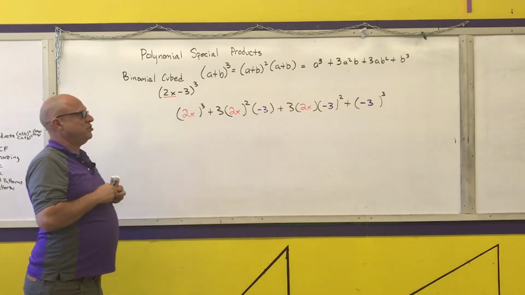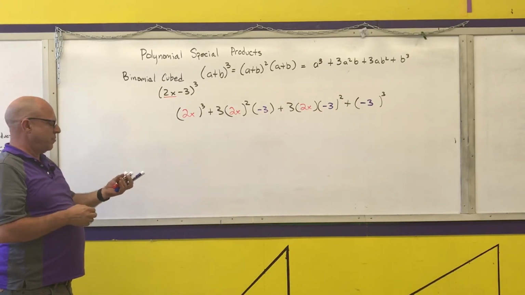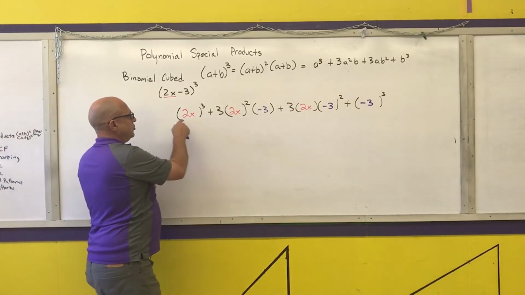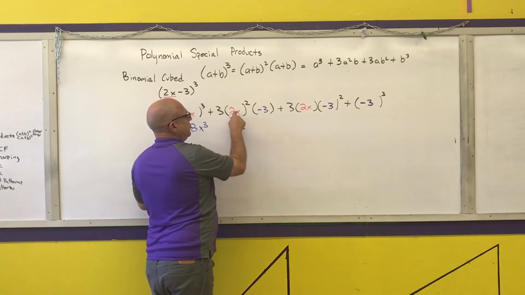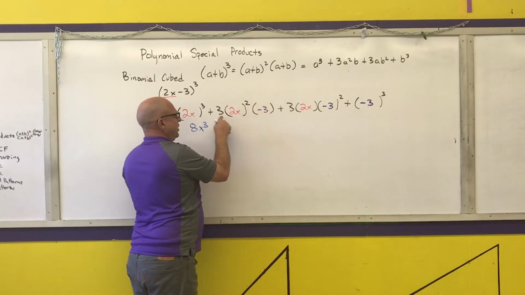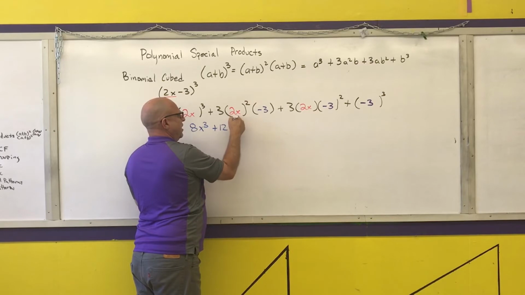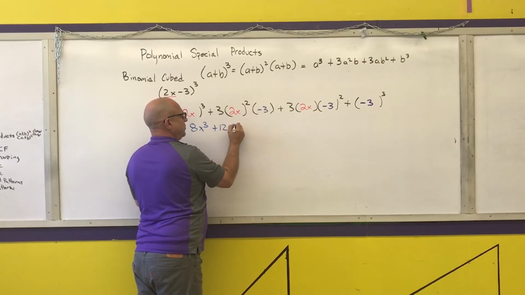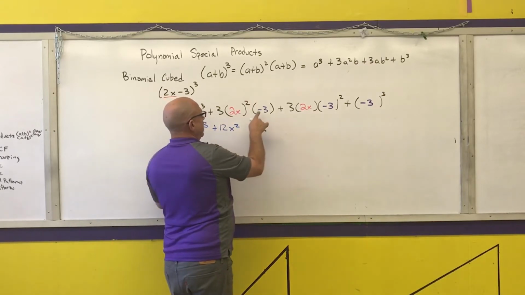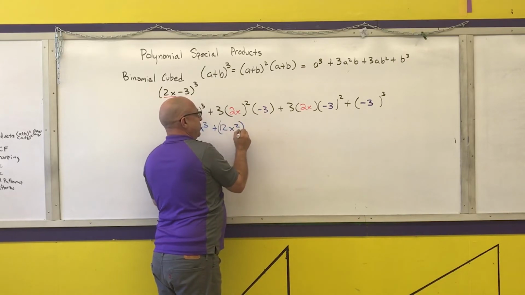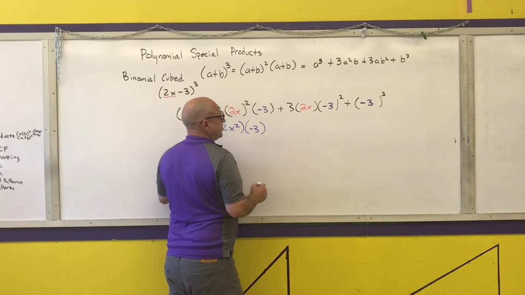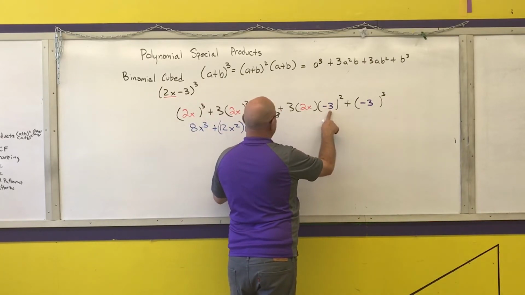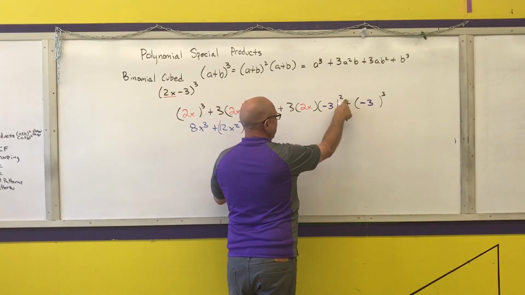And now I'm going to do the individual multiplications to come up with my final answer. 2 cubed is 8, x cubed. 2 squared is 4. 4 times 3 is 12, x squared. That number is going to be multiplied by negative 3. Negative 3 squared is 9.